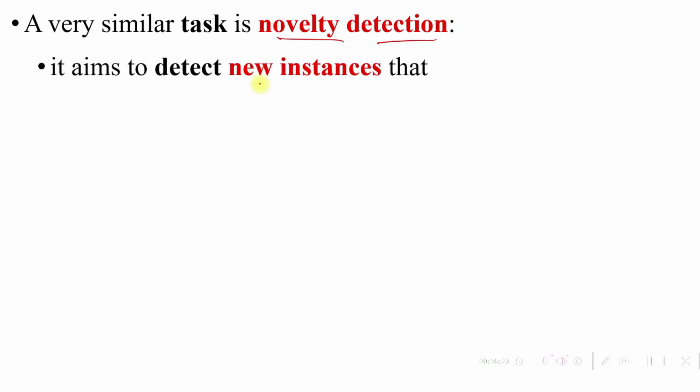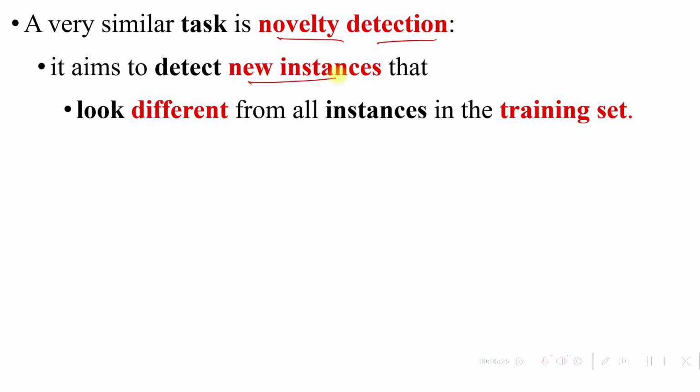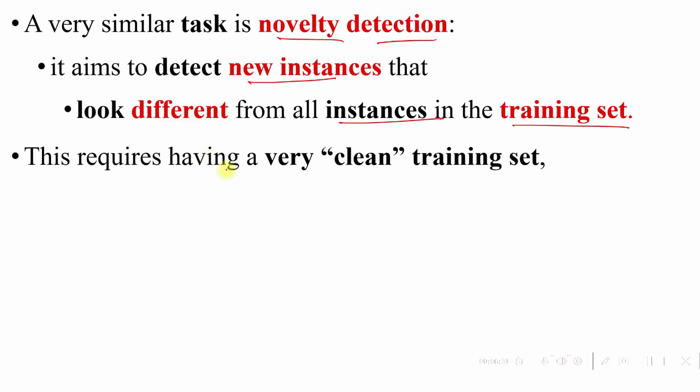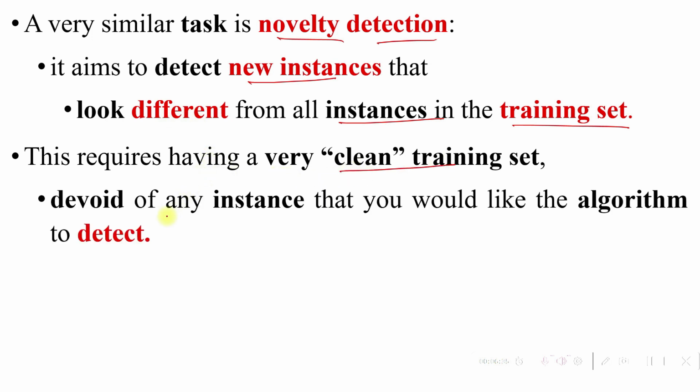A very similar task is novelty detection. It aims to detect new instances that look different from all the instances in the training set. This requires a very clean training set, devoid of any instance that you would like the algorithm to detect.